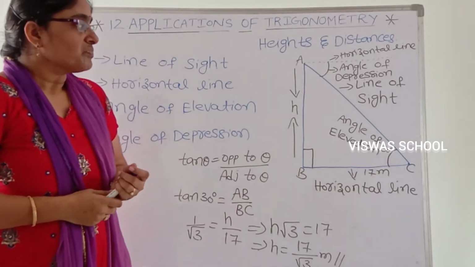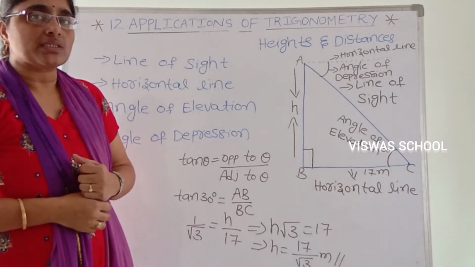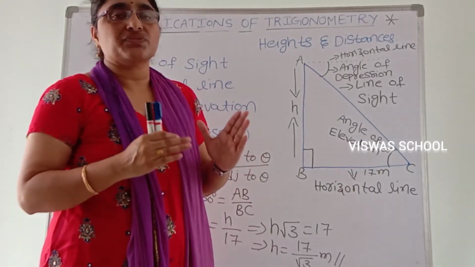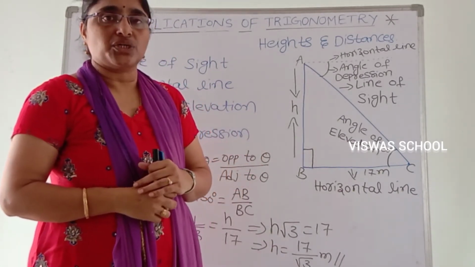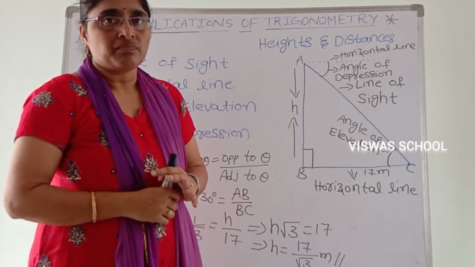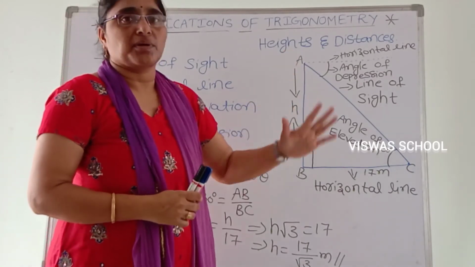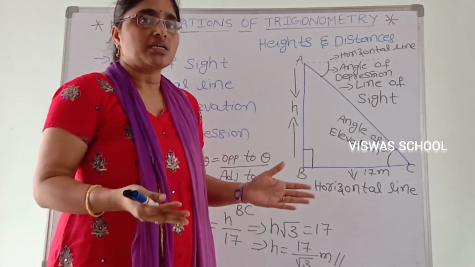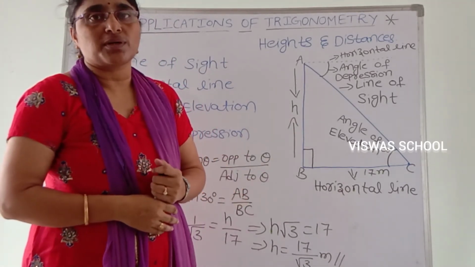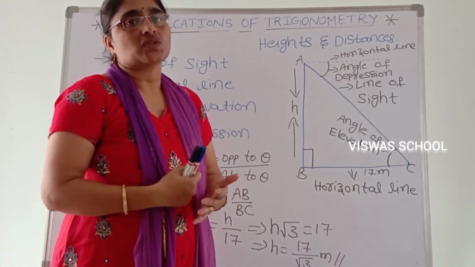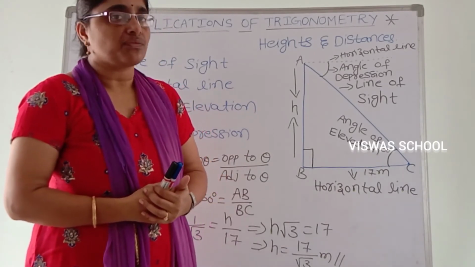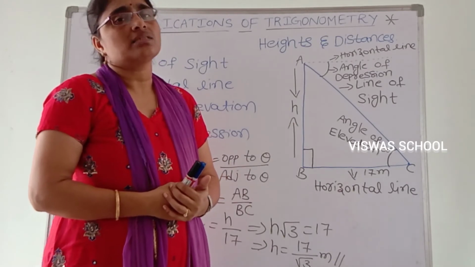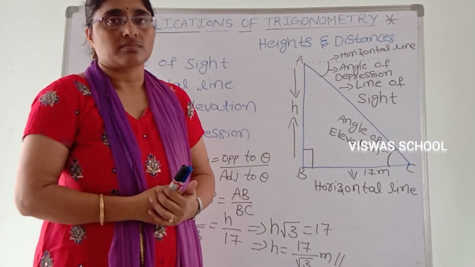The main part is, if any problem is given, first you visualize the problem and present it in diagrammatic form. After that, by using the knowledge of trigonometry, we can find the heights or distances. It is very easy. Now, we can start exercise 12.1.